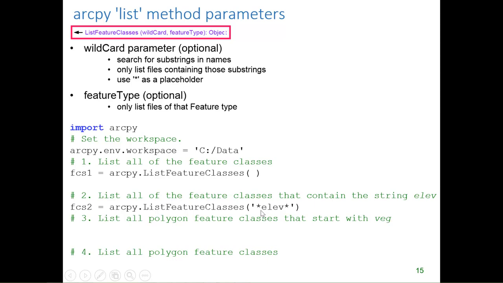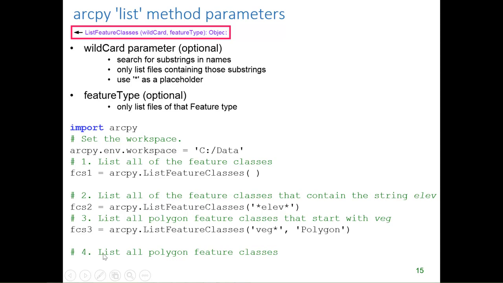We want it to not have any character other than VEG at the very beginning. But we can let it end with anything, so we can put a star after VEG. And, oops, I shouldn't have showed it so soon. We want to list all the polygon feature classes, then we have to specify that second parameter, the feature type. Okay.